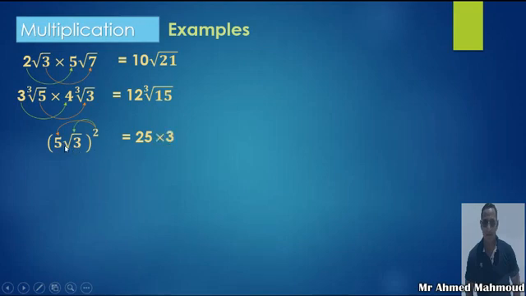Here we have 5 root 3 means 5 times root 3. Then here I'm going to write times. Okay, 5 to the power of 2, 25, times root 3 to the power of 2 equals 3. Then I'm going to evaluate this one. 25 times 3 equals 75.